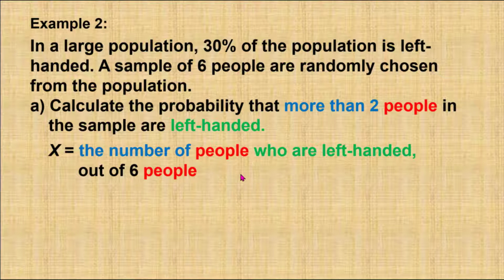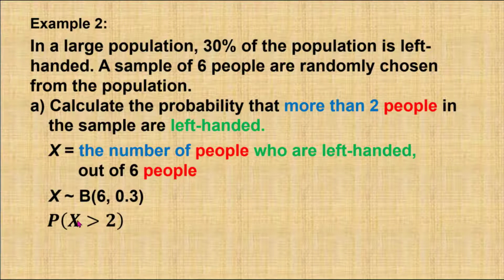Therefore, X follows a binomial distribution where n is equal to 6 and the probability of success, the probability of a person being left-handed, is 0.3. In question A, we are going to calculate the probability of more than 2 people, denoted as P(X > 2).